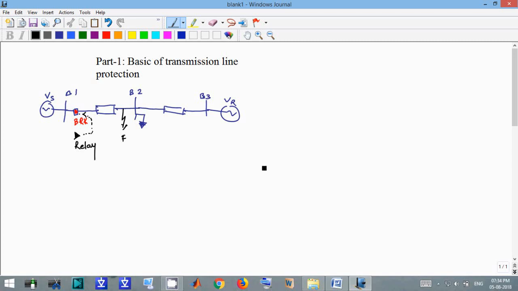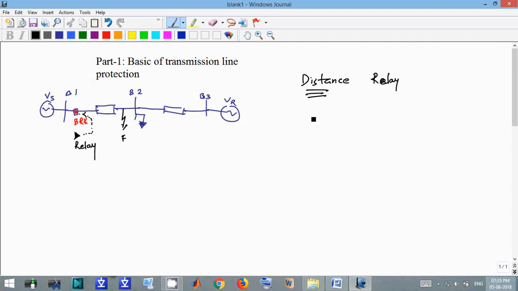In transmission line protection we use the distance relay, because we can use the differential relay also, but in a transmission line the length is very large, so the pilot wire of the differential relay will cost more. So it is easy to use the distance relay.